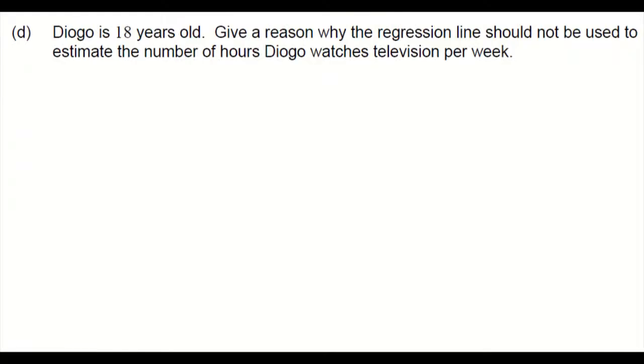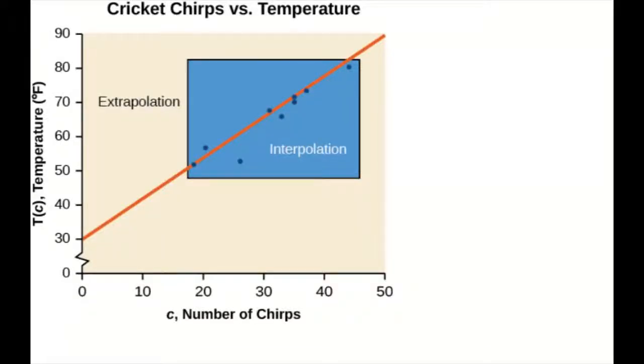Now we move to D. Diogo is 18 years old. Give a reason why the regression line should not be used to estimate the number of hours Diogo watches television per week. Now, in this kind of question, we need to understand the idea of interpolation and extrapolation.